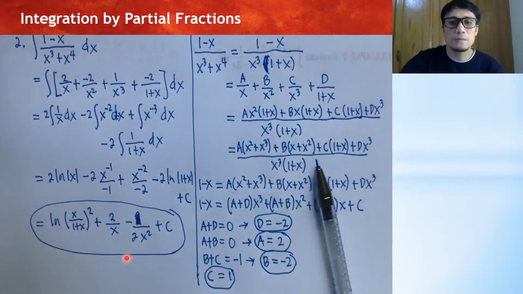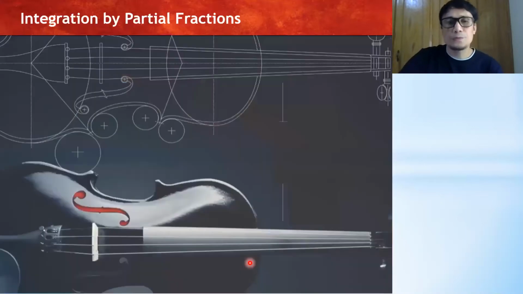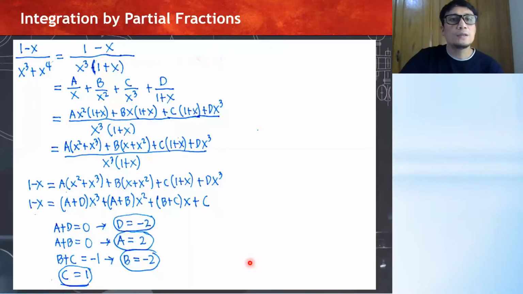So going back to our solution again, this is the decomposition of the rational function, which leads us to the values of a, b, c, and d, and therefore we can write this as a sum of these partial fractions.